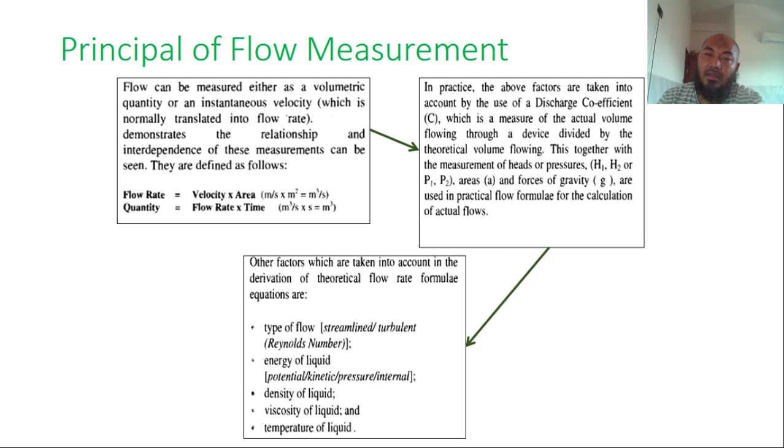This together with the measurement of head or pressure, using area and force of gravity, is used in the vertical flow formula for the calculation of actual flow. Other factors are taken into account in the derivation of the theoretical flow rate formula: type of flow, energy of liquid, density of liquid, viscosity of liquid, and temperature of liquid.